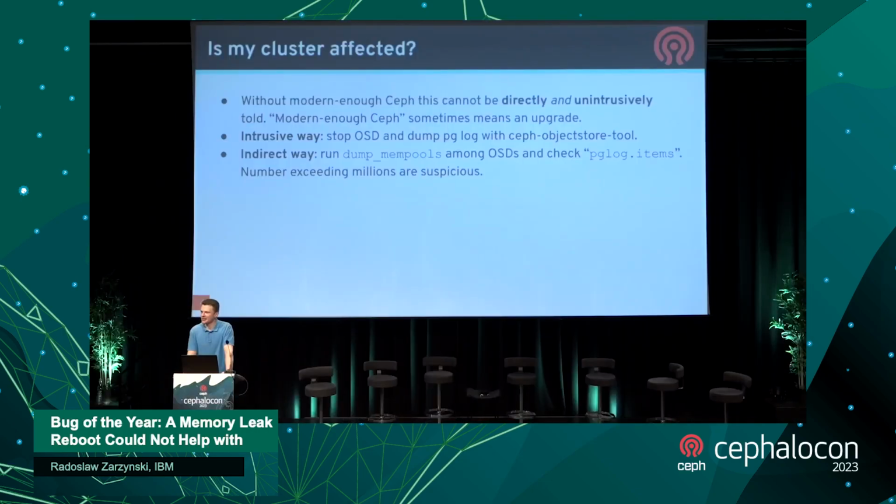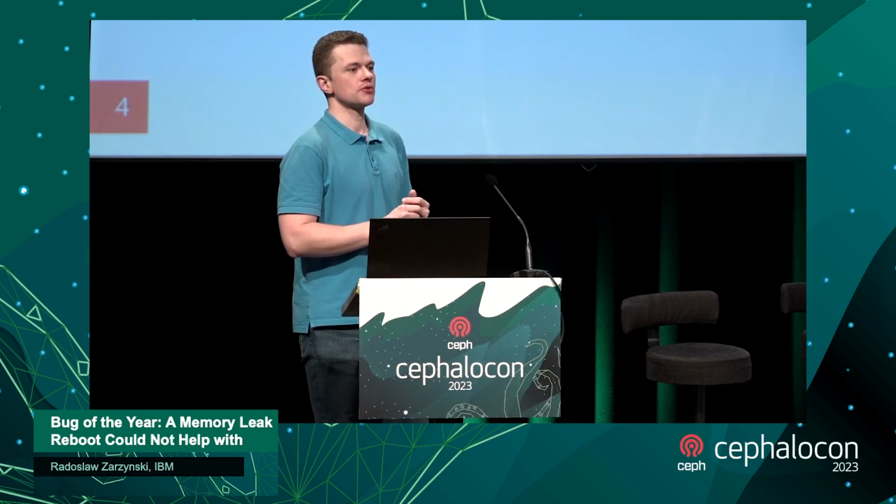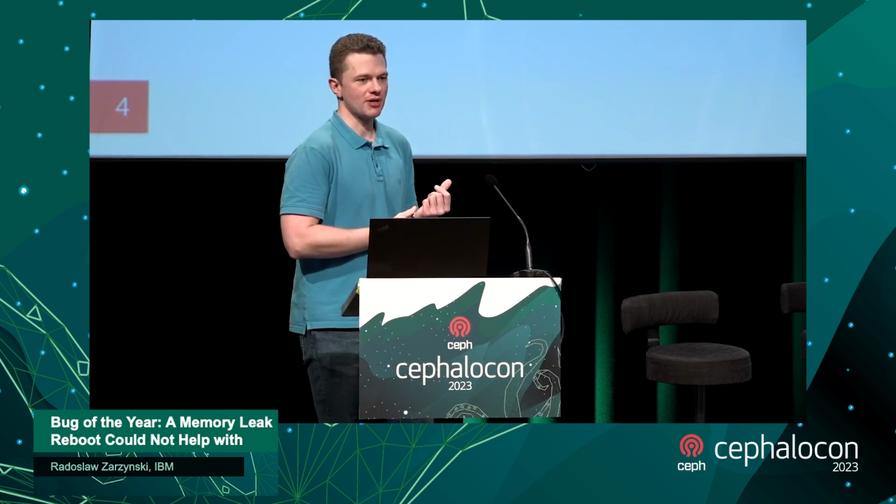So before going to the weeds, before deep diving into the technical stuff, some heuristics about diagnosing whether your cluster is affected or not. Heuristics, because in many releases there is simply no direct and at the same time unintrusive way to see the size of the inflated structure.